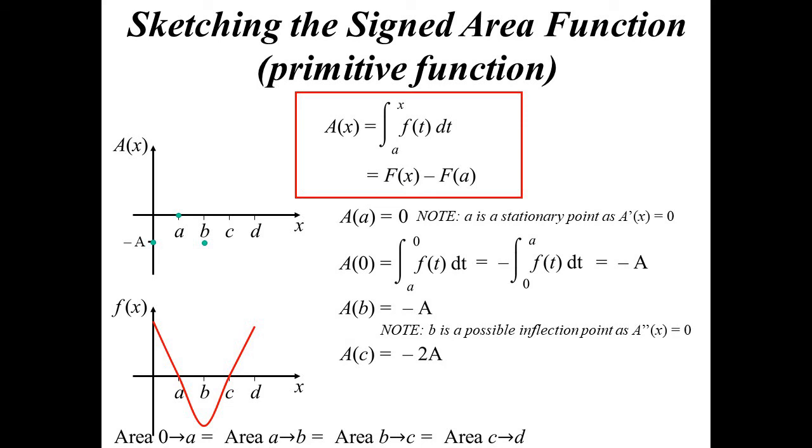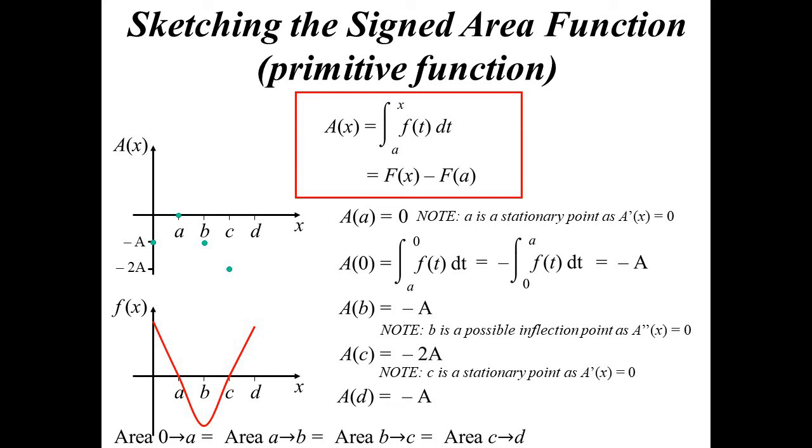But now to go from C, I'm adding on another area of A, still below the axis. So to go from A to C, I have twice A underneath. So it's going to be at negative 2A. Right. Notice C is also a stationary point, because once again its derivative at C is equal to 0. What about D then?